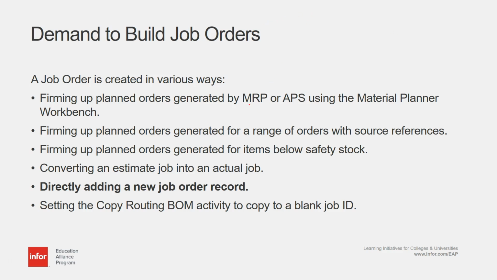You can use the MRP, which is the Manufacturing Resource Planning, or Advanced Planning System, using something called the Material Planner Workbench. You can firm up your orders, your plans for orders, if you will.